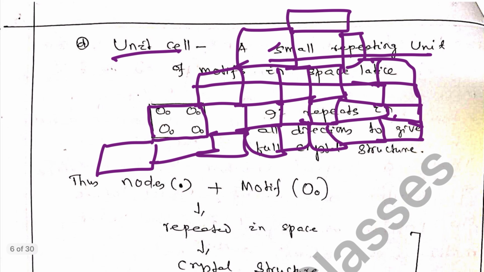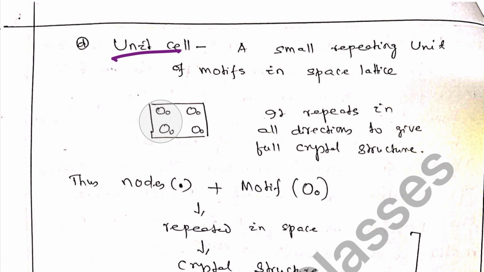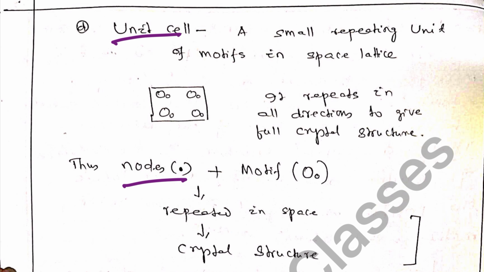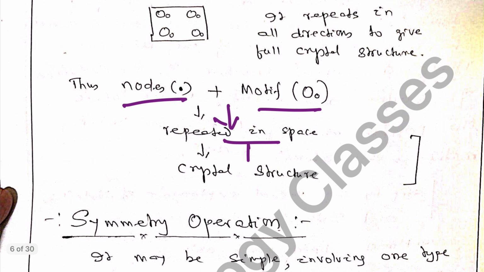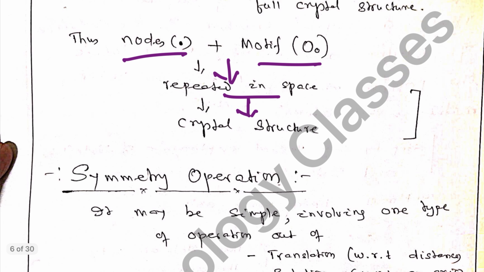So unit cells are repeated in 3 dimensions to give rise to the silicate structure. So nodes are added with motif. Motifs are found to be repeated in space, and it finally results in the crystal structure.